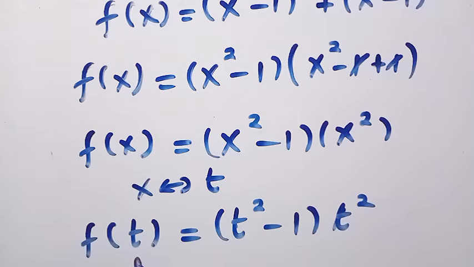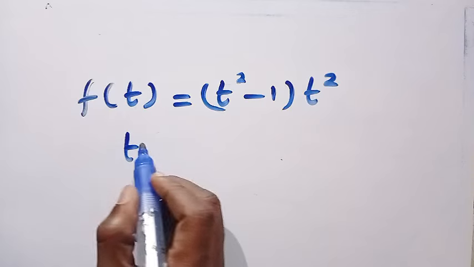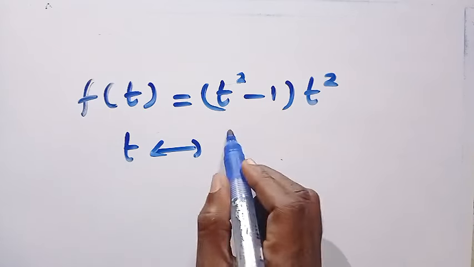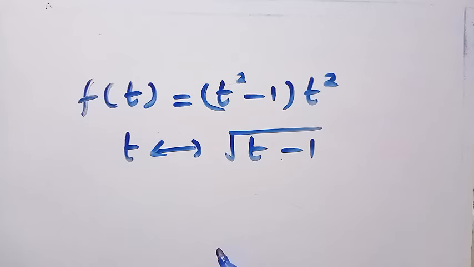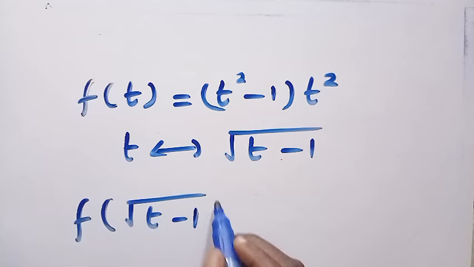We need to know what is f of the square root of t minus 1. So let's try and do that. If this is what we have for f of t, then let's replace this t with the square root of t minus 1. Both of them are members of the real numbers. Here we are going to have f of, instead of t, the square root of t minus 1.